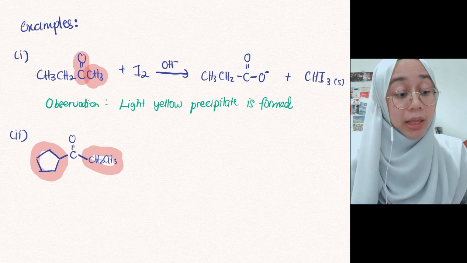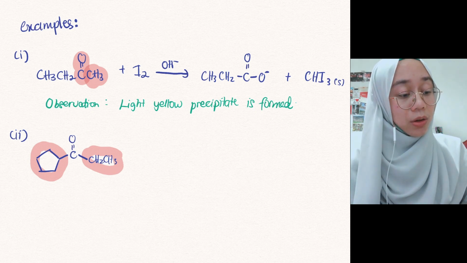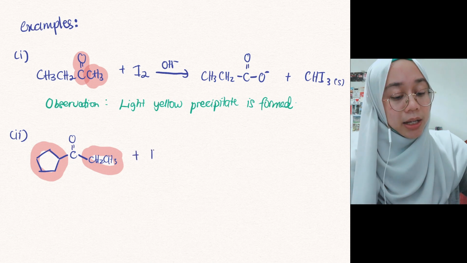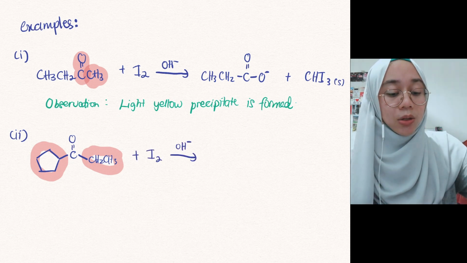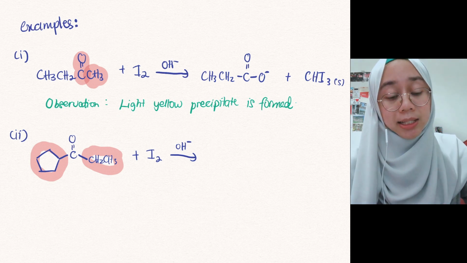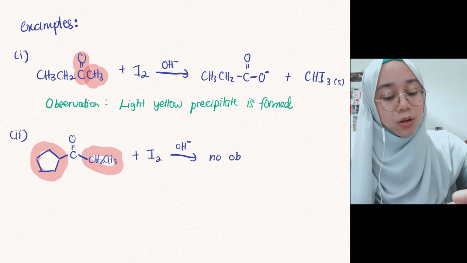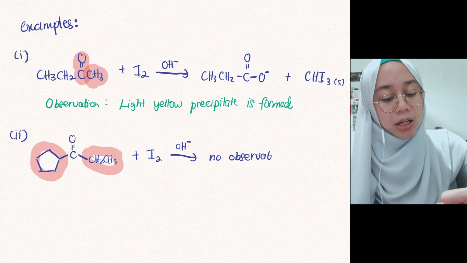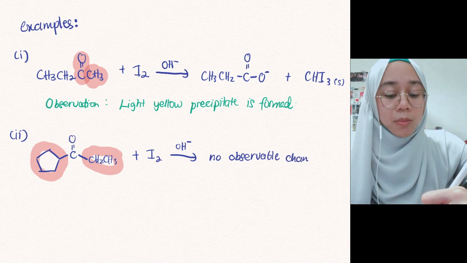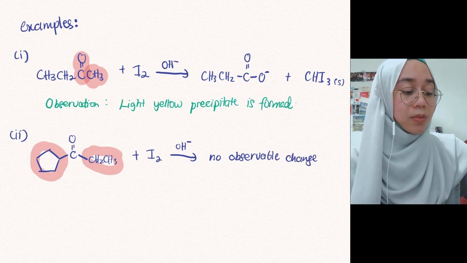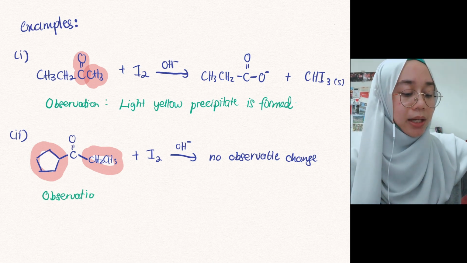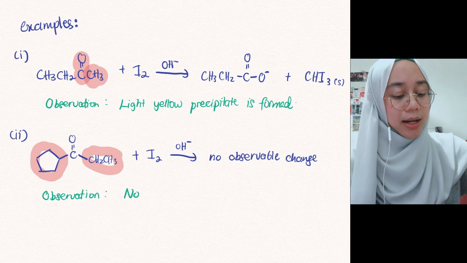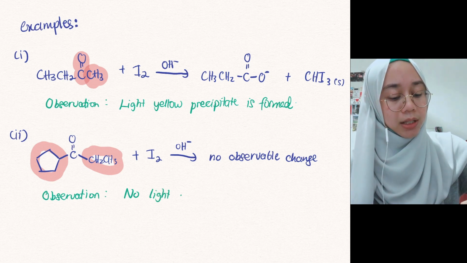So there's no methyl, tak ada methyl. Kalau tak ada methyl, adakah kita akan menghasilkan CHI3? Okay, so the answer is no. Bermaksud tak ada apa-apa yang terhasil. So kita just tulis no observable change. Kalau no observable change bermaksud observation dia would be no yellow precipitate. Okay, no light yellow precipitate is formed.